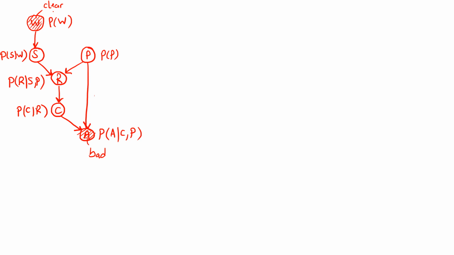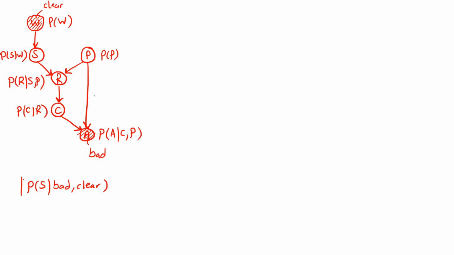And he now wants to infer the signal strength value, which is S. So basically, in BayesNet terminology, he wants to compute P of S given A is bad and W is clear. We'll just say bad and clear now, just for simplicity.